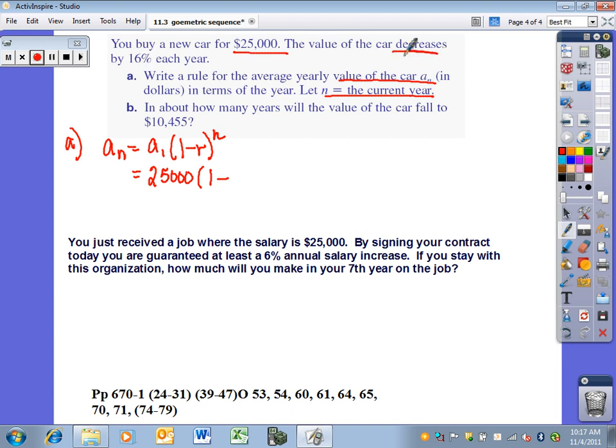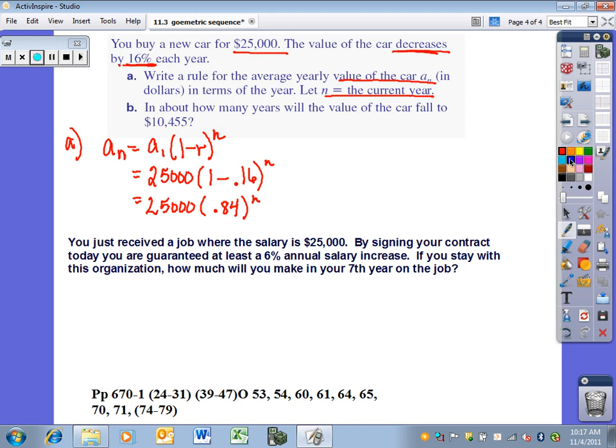If I am decreasing by 16%, does it make sense why it's 1 minus? 16% is 0.16 raised to the nth. So this becomes 25,000 times 0.84 to the nth. Now that should make sense to you, that you only get 84% of your car value on a yearly basis, because cars do depreciate in value.